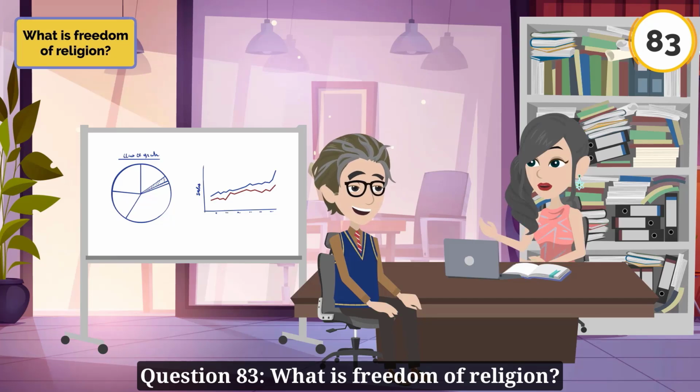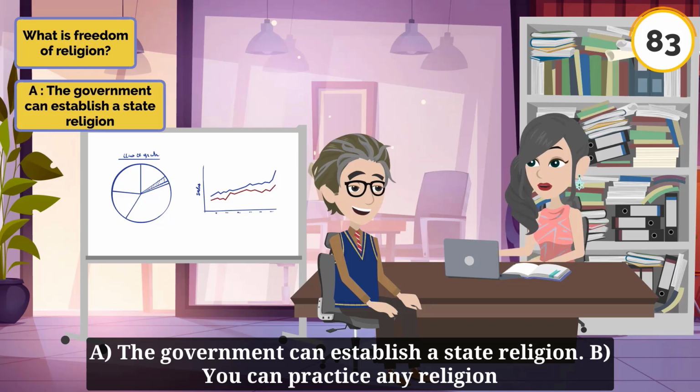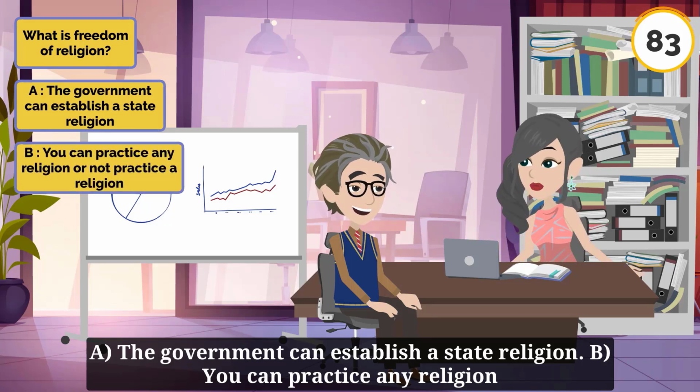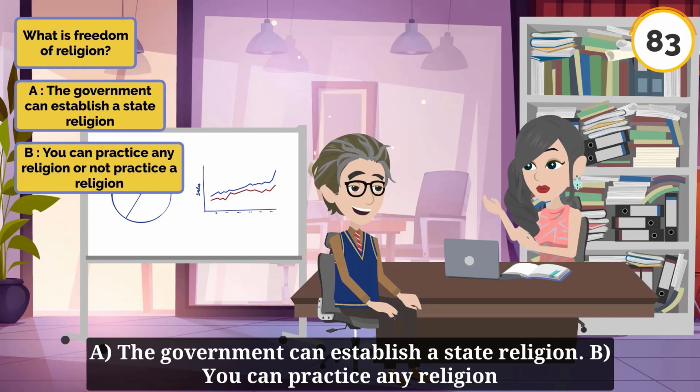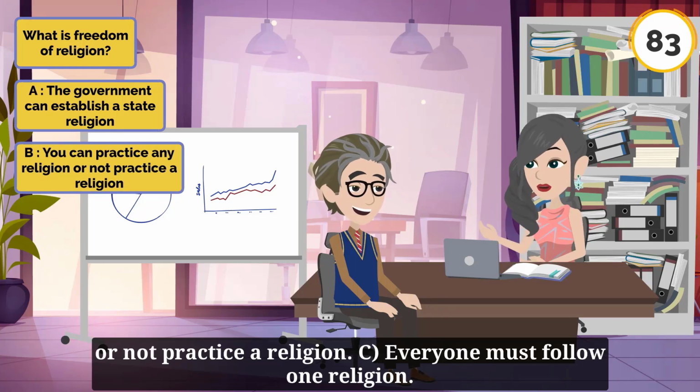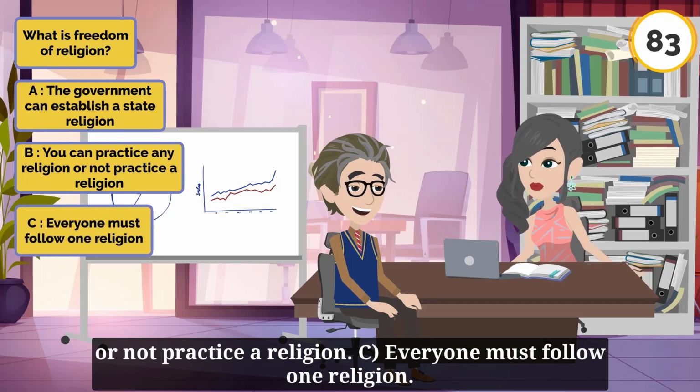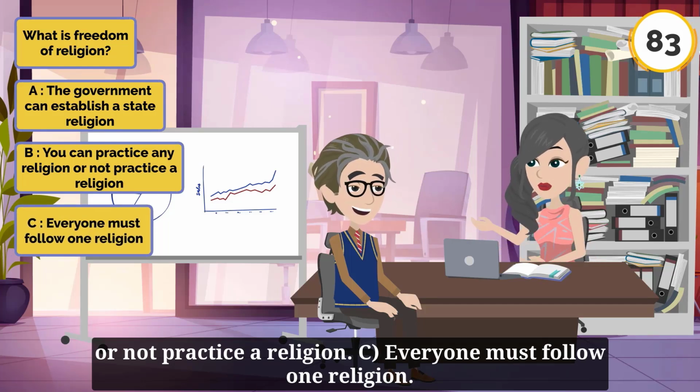Question 83. What is freedom of religion? A. The government can establish a state religion. B. You can practice any religion or not practice a religion. C. Everyone must follow one religion.